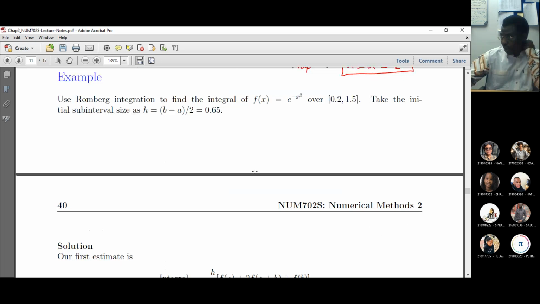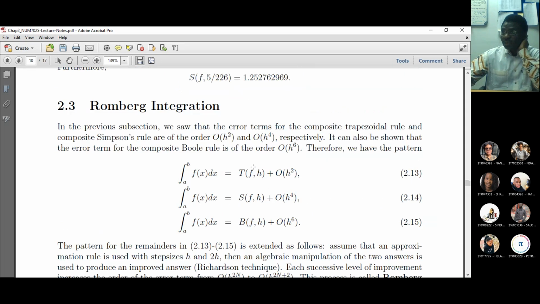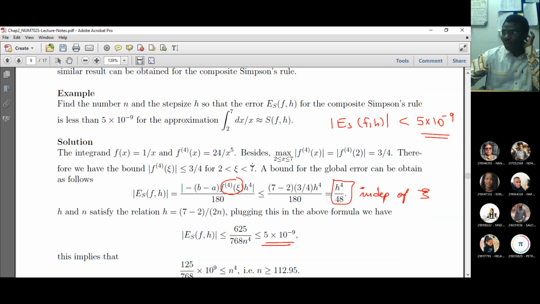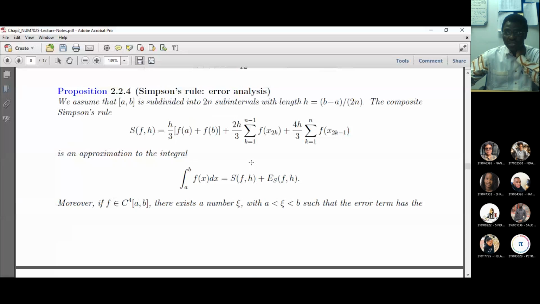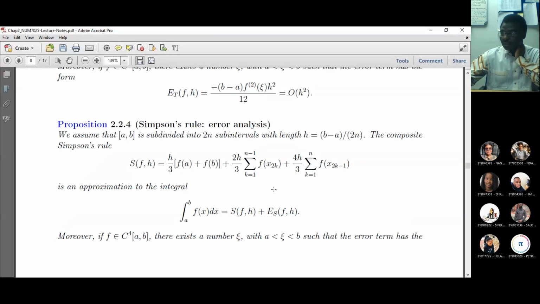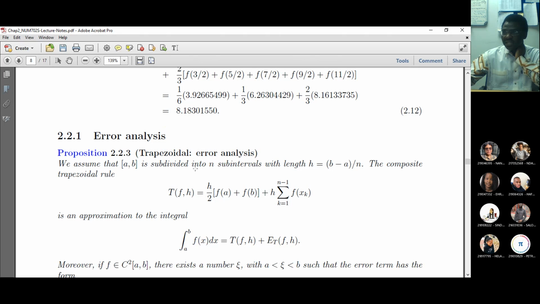Okay, let me scroll up to connect with what you already know, so that it will not appear to be something strange. Not this one, because this is Simpson. Okay, we are here. You can see that this is our composite trapezoidal rule. You can see that k runs from 1 to the number of subdivisions, which is n here, minus 1, as you can see here.